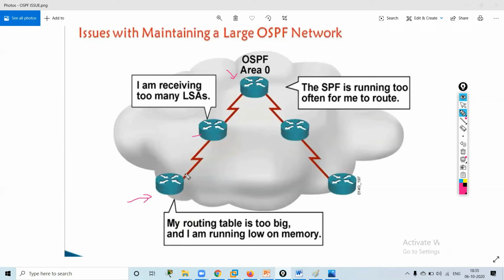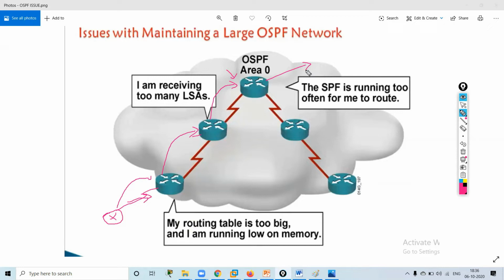So what will happen if I add a network over here? If I add a network over here, this router will update the information, and then here, again and again I am getting updates on this router. It has to run the SPF algorithm multiple times to select the best route, to select the successor route, to select the feasible successor.